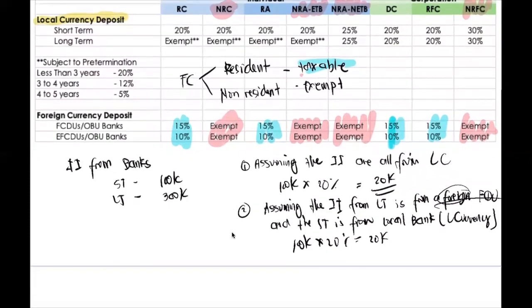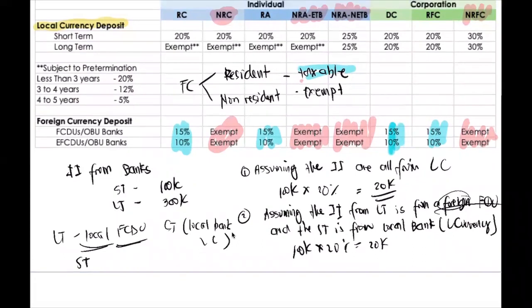So what if the long term is a local FCDU? So it is in our local bank and it is an FCDU. Then the short term is also in our local bank, local currency. The short term is subject now to your local currency rate, which is 20%, 100,000 times 20%. Again, we assume individual. And the long term, which is now a foreign currency deposit unit, FCDU, you get the 15%.